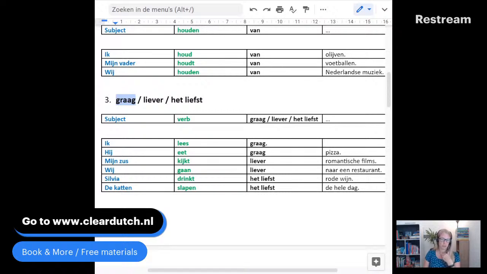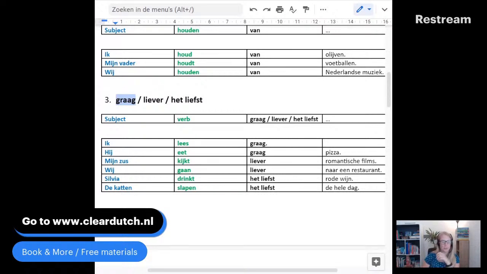Now, if you want to make the version with graag, you'll have to think, what do I do with chicken? Well, usually you eat it, right? You like to eat it. Unless you have it as a pet, but then it's a different story. So I'm assuming you like to eat it. So then you would use the verb eten. Ik eet graag kip. The kip goes at the end, right? So the graag is after the verb. Subject, verb, graag.